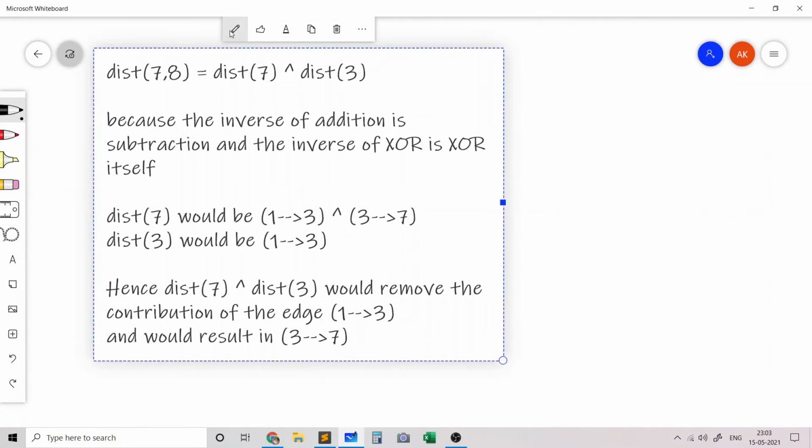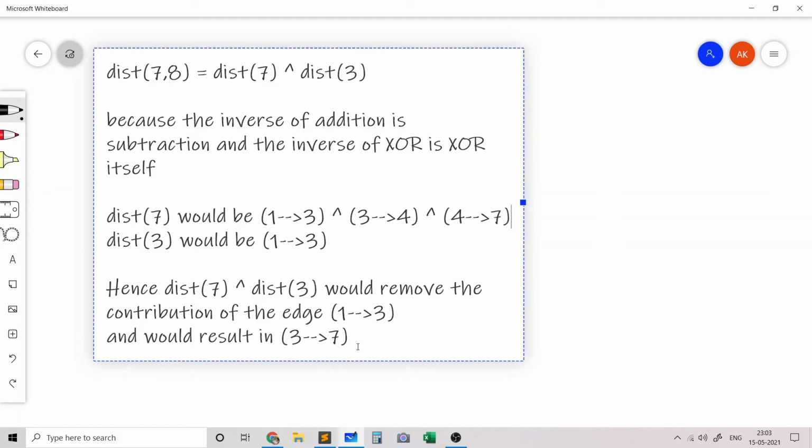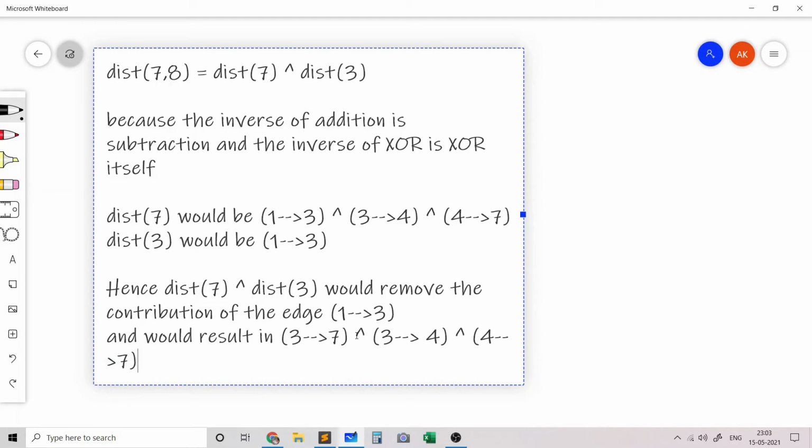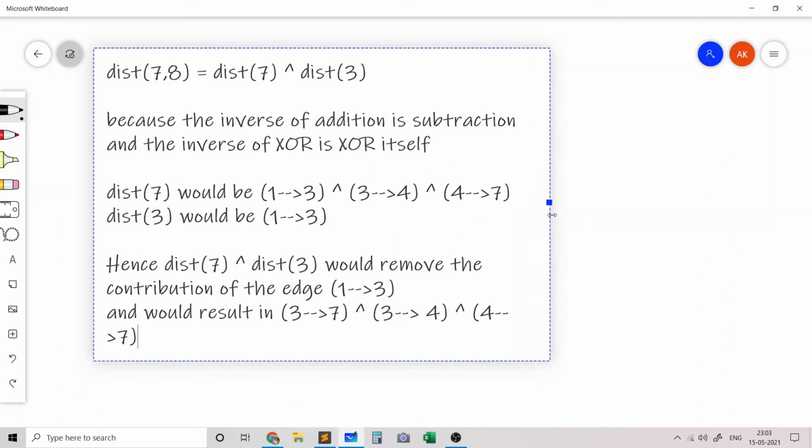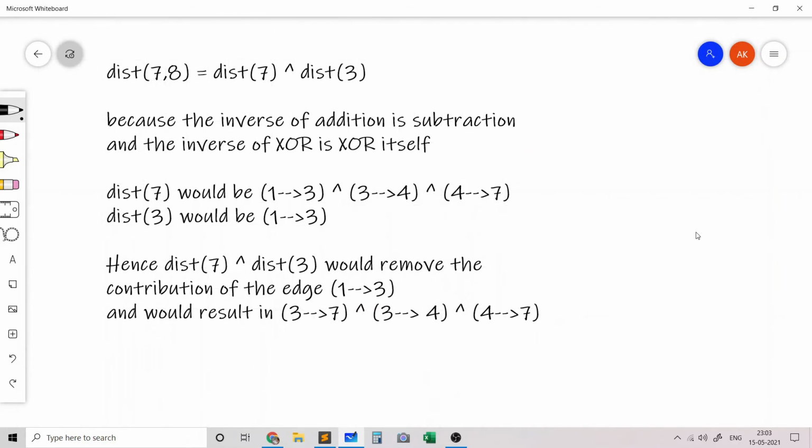Sorry for that mistake. This should be 3 to 4 and 4 to 7, and hence this would be the resulting value of distance of 3 to 4.